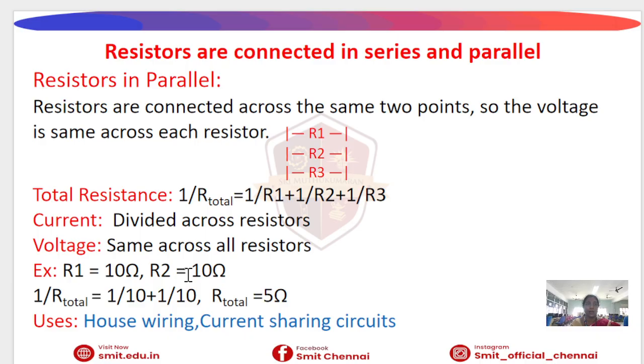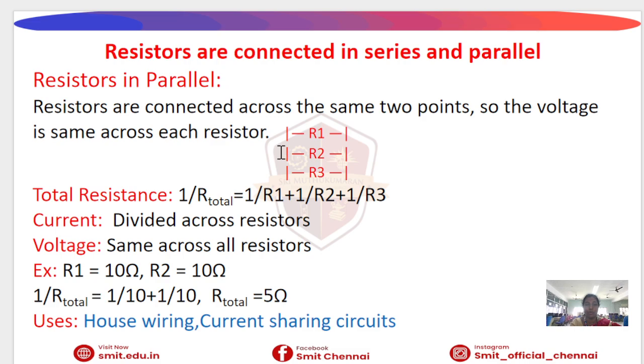Next one is resistors connected in parallel. In a parallel connection, resistors are connected across the same points. Here R1, then R2 and then R3. Here, the total resistance is the reciprocal of the sum of the reciprocals, that is 1 by R1 plus 1 by R2 plus 1 by R3. In this, the current gets divided across the resistors.